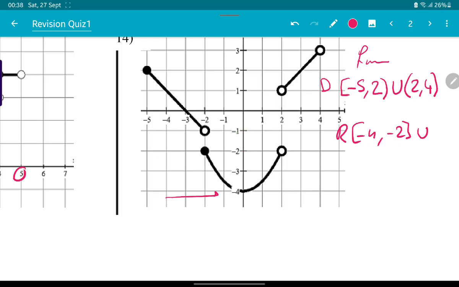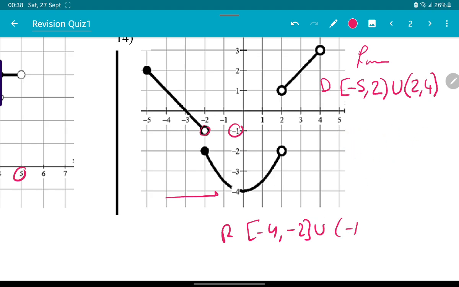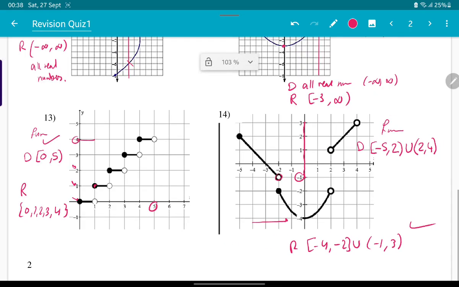We need to jump to take from -1. We should write it beside each other, like -4, -2, union from -1, unshaded, until 3. This is the range, and this video will stop here.